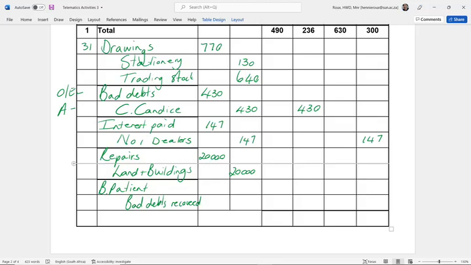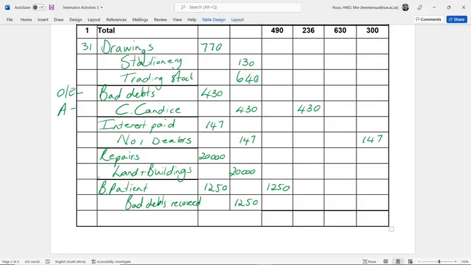Now if we credit it, that means we owe them 1,250. That doesn't make sense. That's why we debit Be Patient so that his account will be zero again. And we credit bad debts recovered, which is an income. Be Patient is a debtor that we by mistake credited and now we debit.